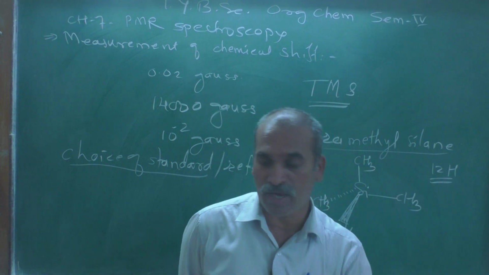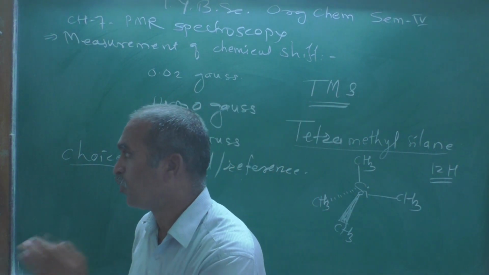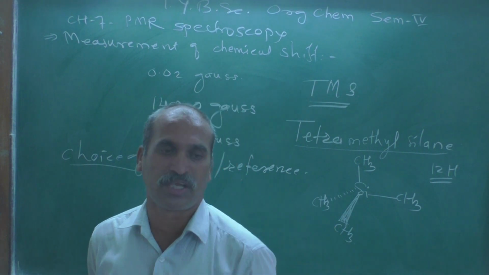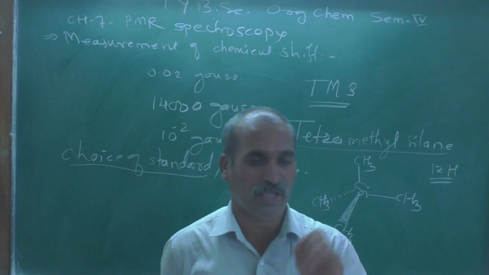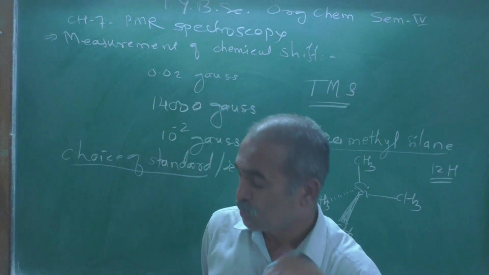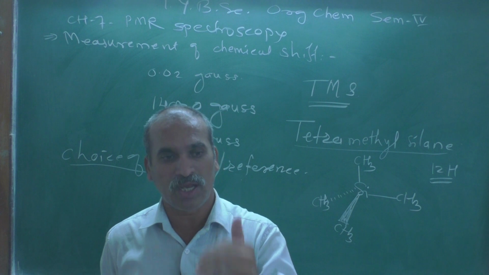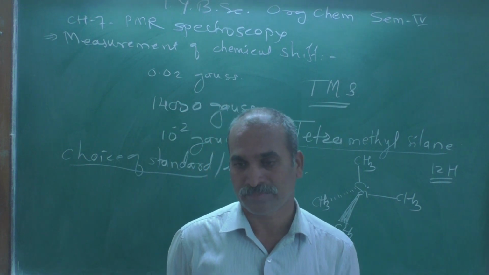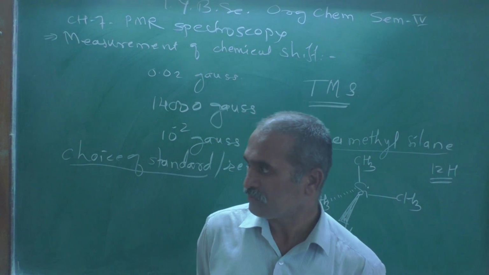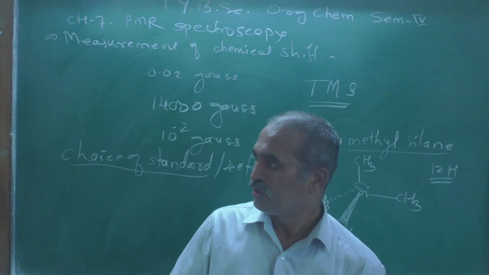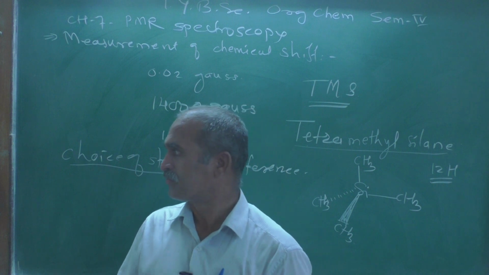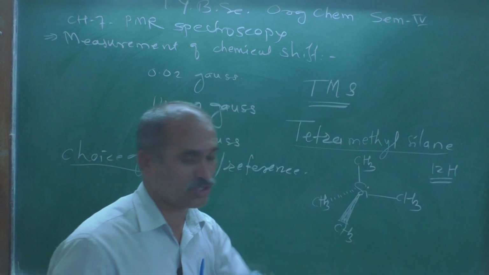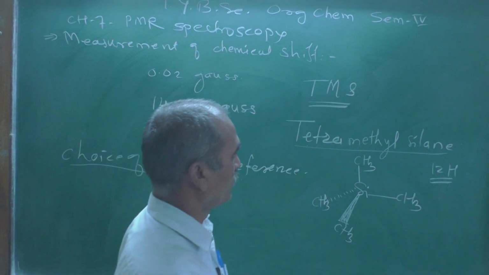These 12 hydrogen atoms produce a sharp signal, and whatever organic compounds are known, they all produce a downfield chemical shift, and that's why this is the structure of tetramethylsilane.